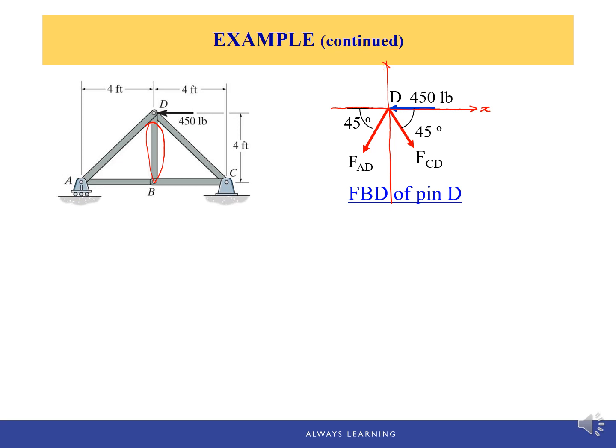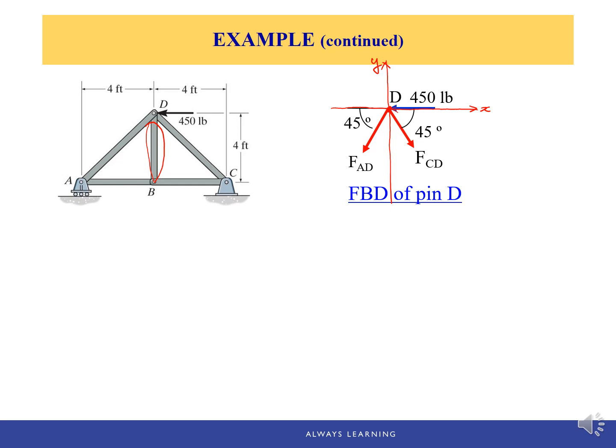So it's important to have XY axes. All right, so pin D is located at the origin of this XY axis. And now there is one applied force, which is 450 pounds in the negative x direction, pointing to pin D.